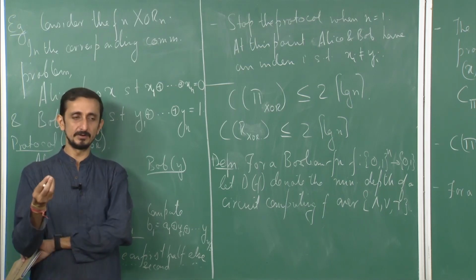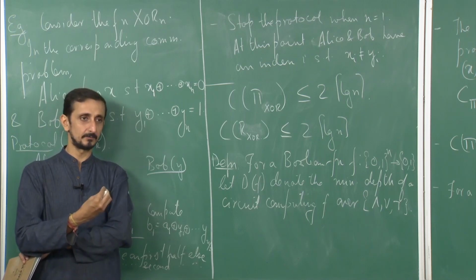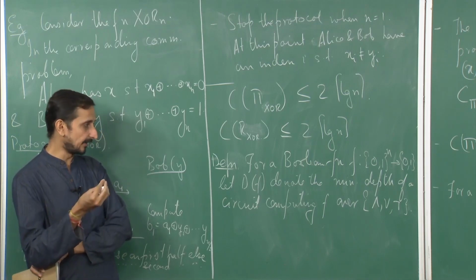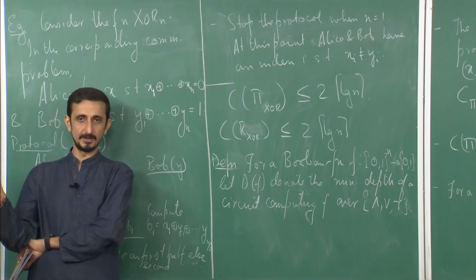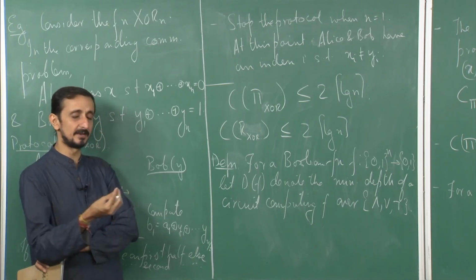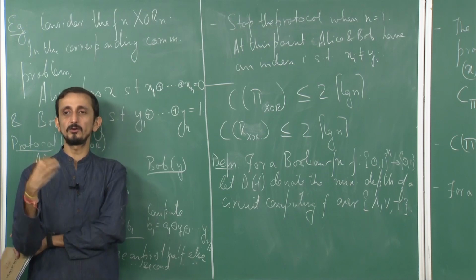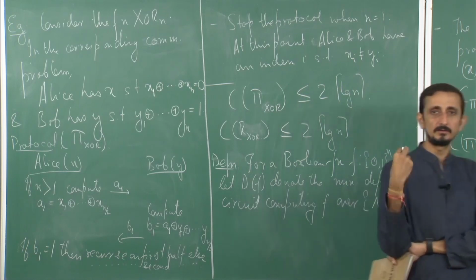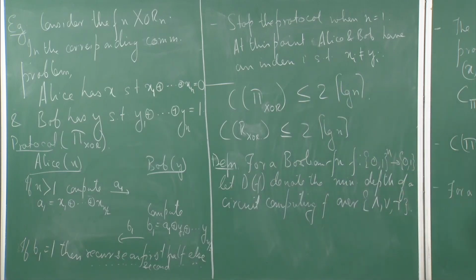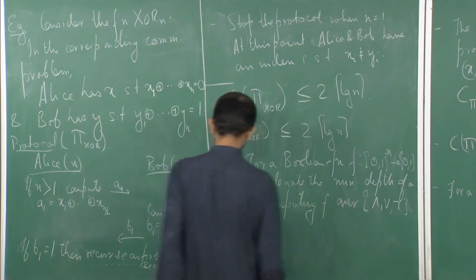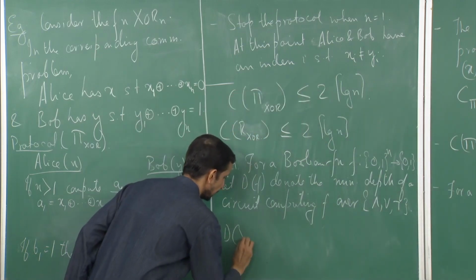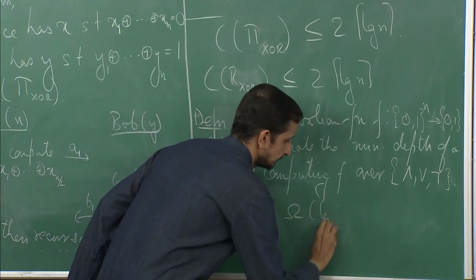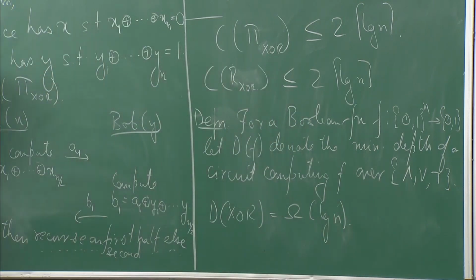It cannot depend on all inputs. So its depth must be at least log n so that it looks at all the inputs. And the parity function, or the XOR function, must look at all the inputs, because even if you skip one bit of the input, the parity function can depend on that bit. So d of XOR is at least log n by this argument.